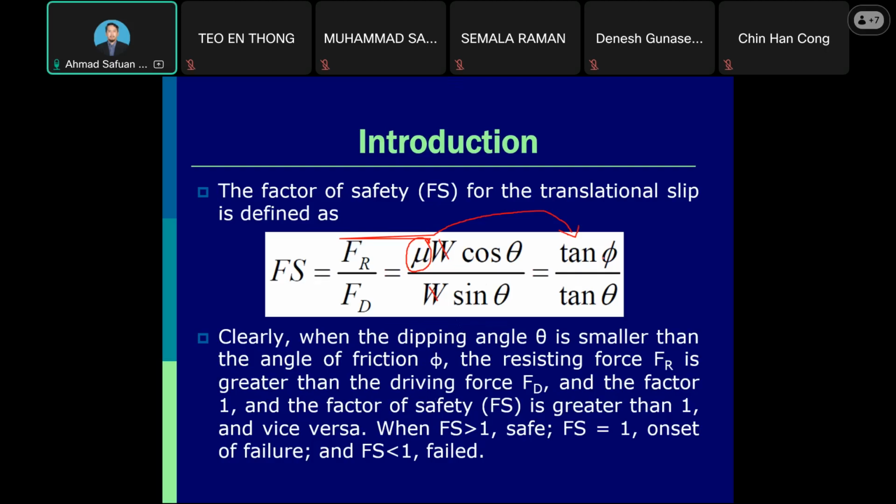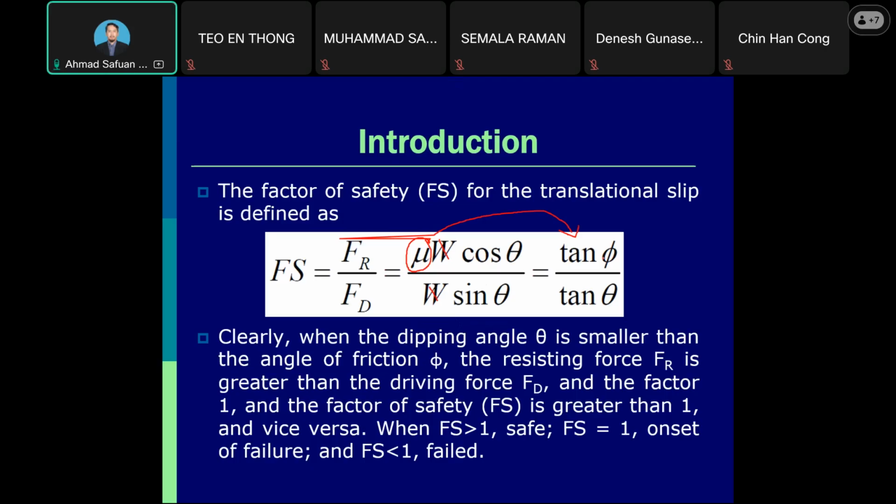So when we propose the construction of an embankment, we may construct the slope angle using 2 to 1, which is almost 27 degrees if you use a 2 to 1 ratio for the slope gradient.